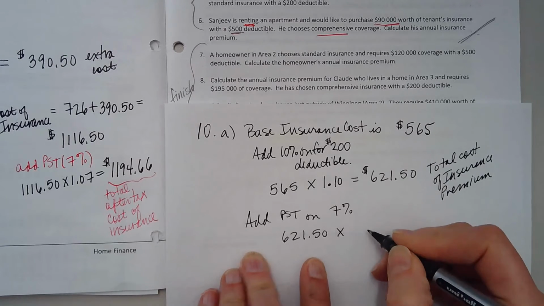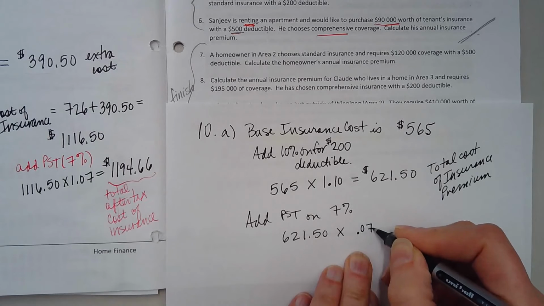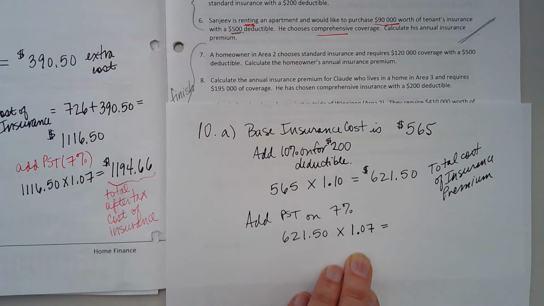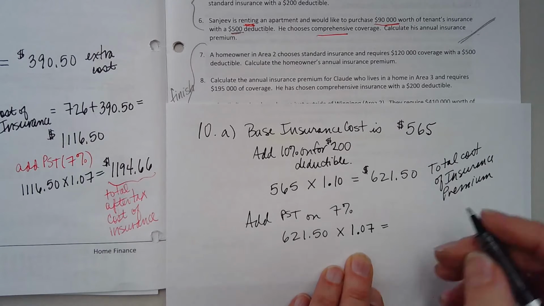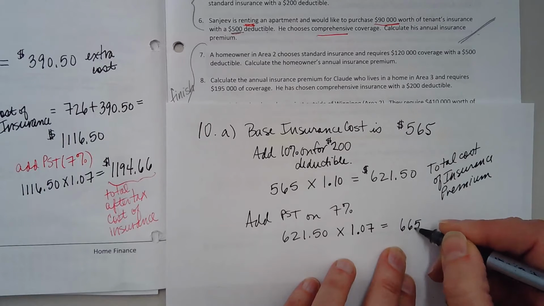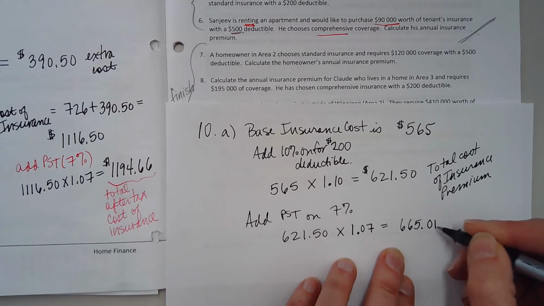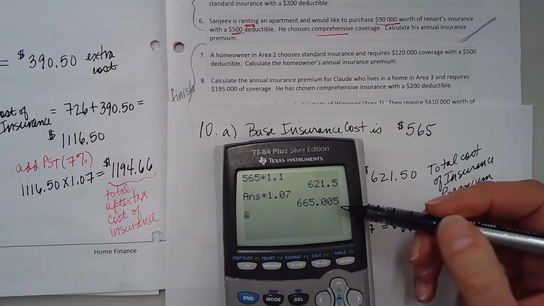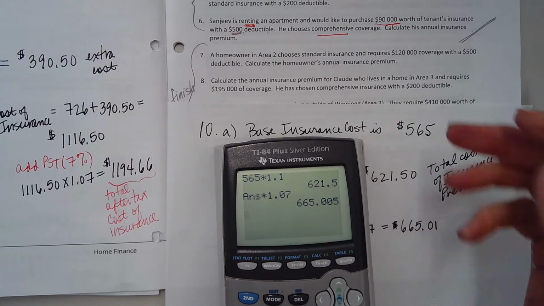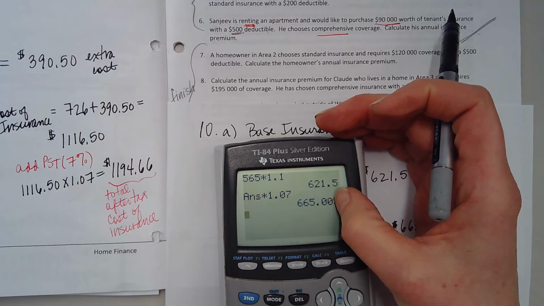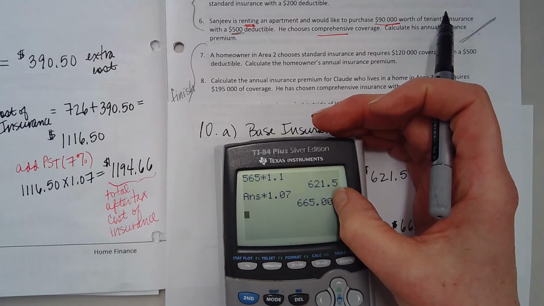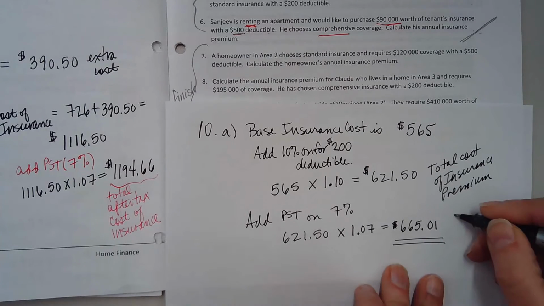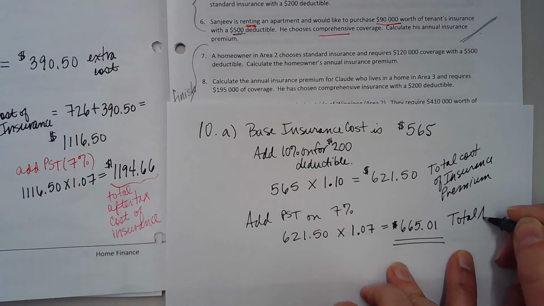So again, if I just multiply by 0.07, I just get the tax. If I add the 1 in front, it subtotals it for me. That was a funny rounding thing, right? Why is it 0.1? Because it became 0.005. If I want 2 decimals, I cover them up, look next door, and if it's 5 or above, I round the last number up. So this is the total after-tax cost.